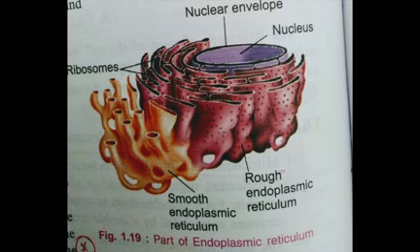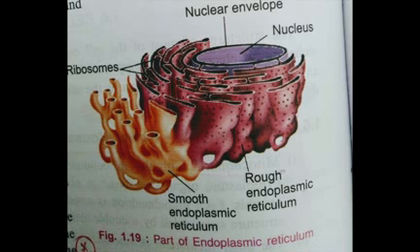Endoplasmic reticulum also produces substances for new cellular parts, especially the cell membrane. And endoplasmic reticulum provides internal, that is mechanical, support to the colloidal cytoplasmic matrix of the cell.